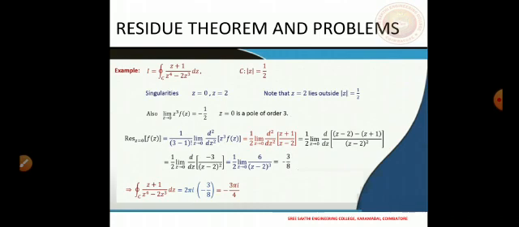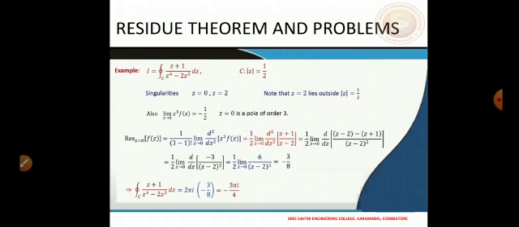So the residue of this function f of z at z equal to 0 will be, with the formula which we have just derived before, 1 over (m minus 1) factorial. So here 3 minus 1, and then again the (m minus 1)th derivative, that is the second derivative, and then the limit as z approaches 0.